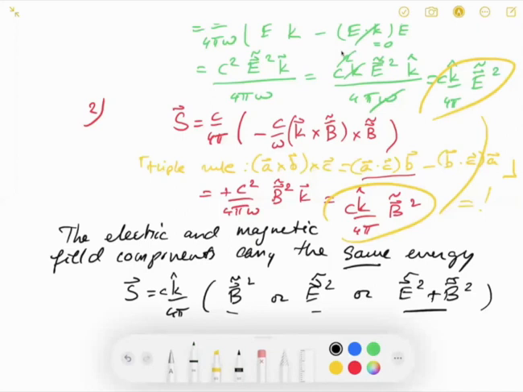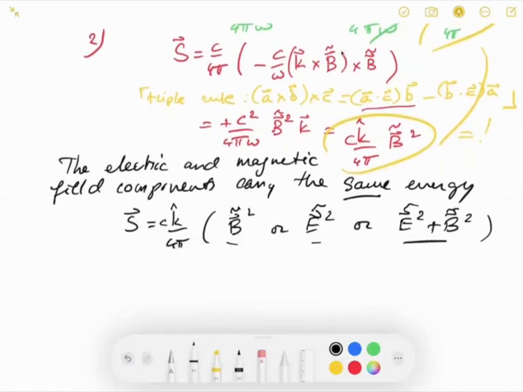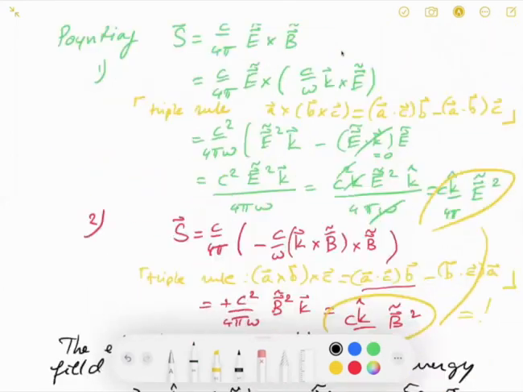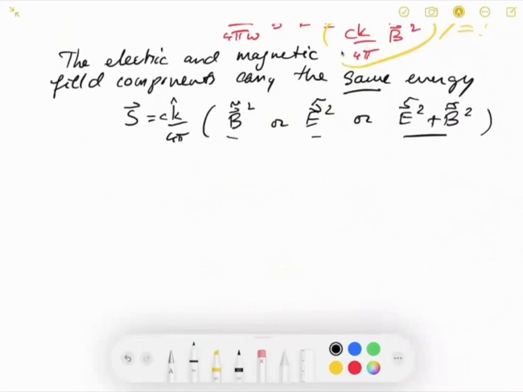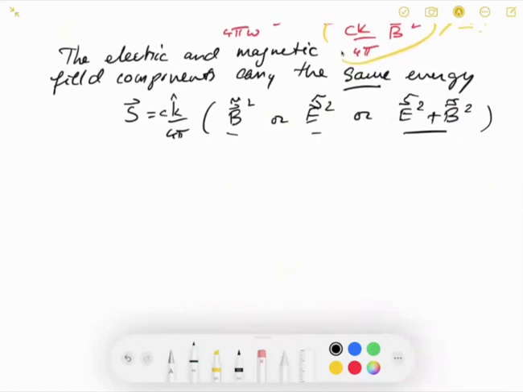Okay. So now that we know this about the Poynting vector, we actually said quite a lot about it. We can also say what the actual energy density is, but I'm getting a little tired of writing all these squiggles. So let's just work with an actual plane wave.